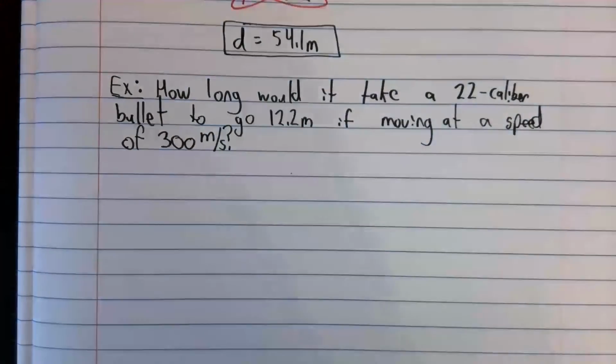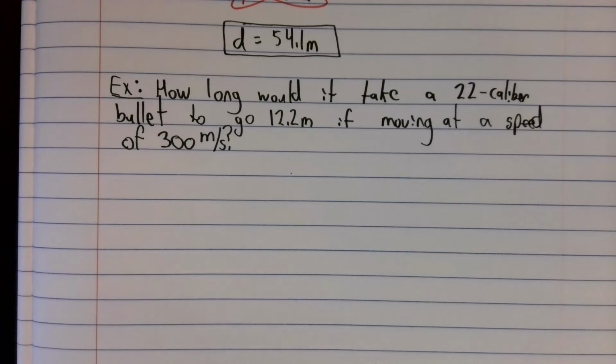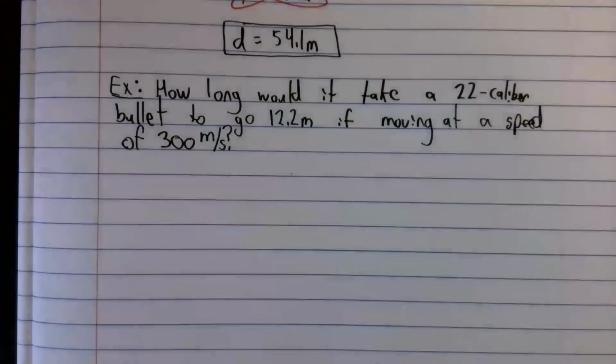It's about 1,000 feet per second. How long would it take a .22 caliber bullet to go 12.2 meters if moving at a speed of 300 meters per second?